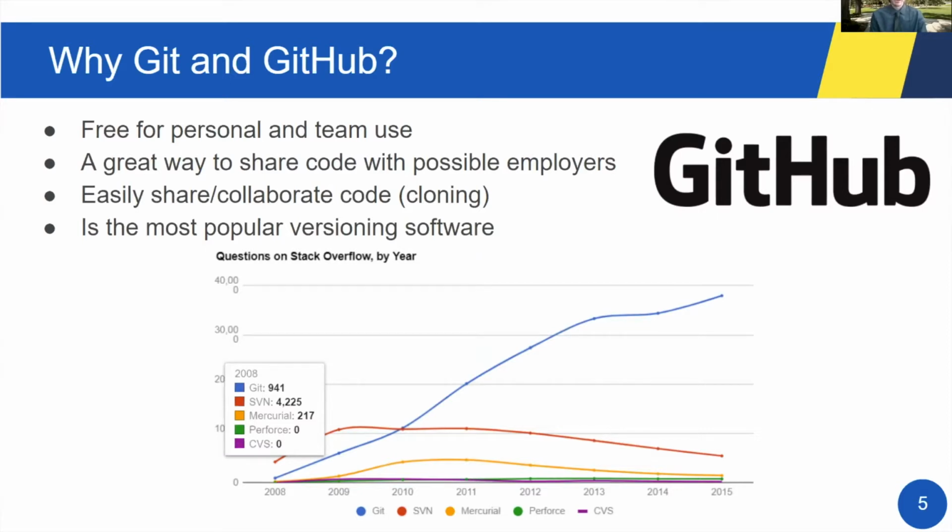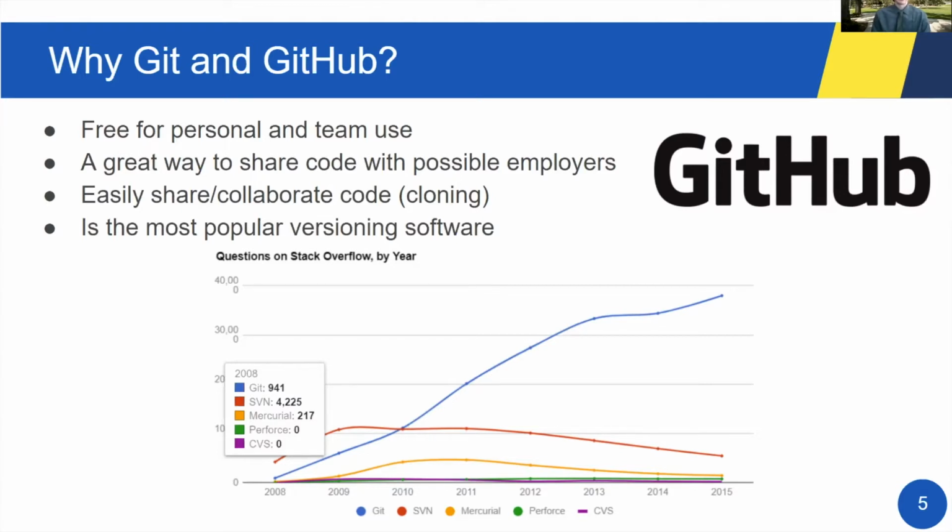It's also a great way to share and collaborate with code. Let's say you see a nice project on GitHub and you think, hey, this is interesting, I'd like to work on it. You can clone that, or essentially download it to your machine, and then you have that program running on your machine and you're free to make changes to it.